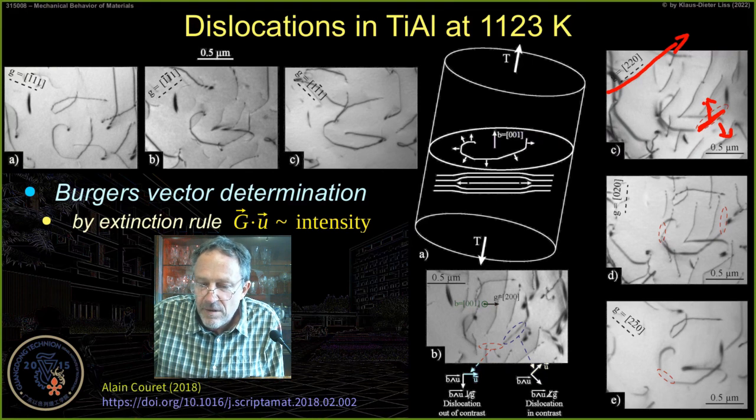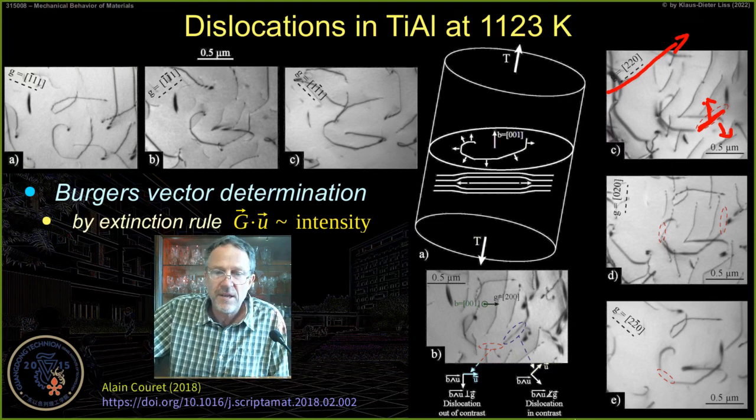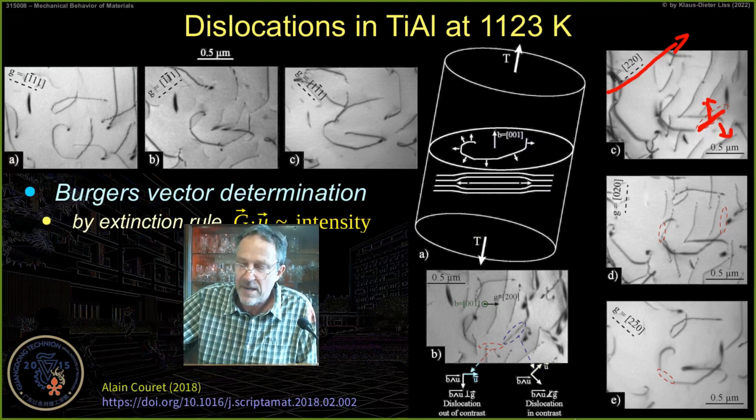The B dot U is perpendicular to G, or B or U is perpendicular to G, and it is out of contrast. And when it has an angle to the scattering vector, then it is in contrast. So this is contrast variation by orientation of the scattering vector, and you can learn something about the displacement U, the local displacement U. If you integrate it, you get the Burgers vector.